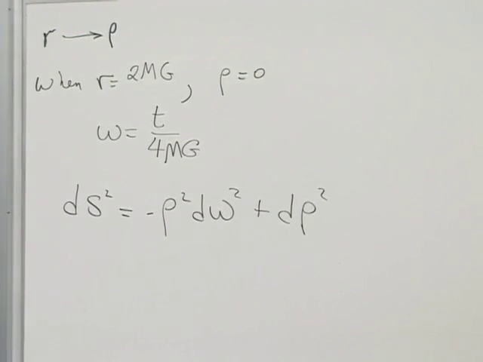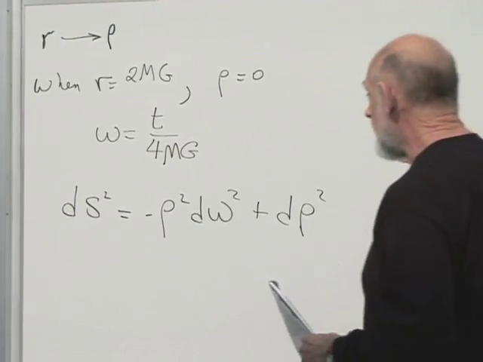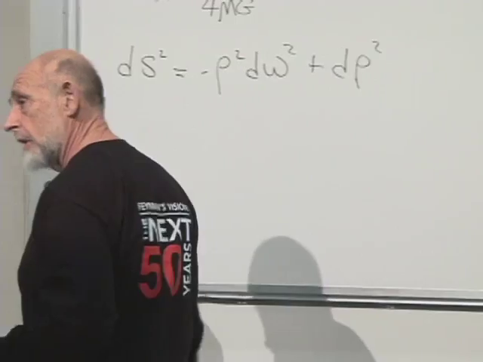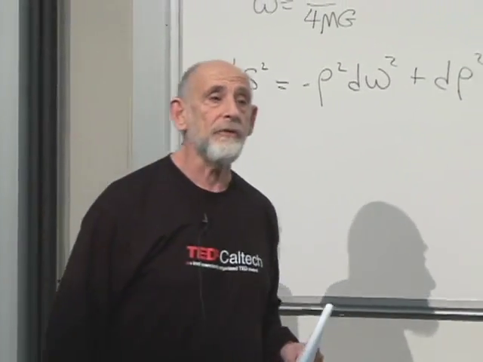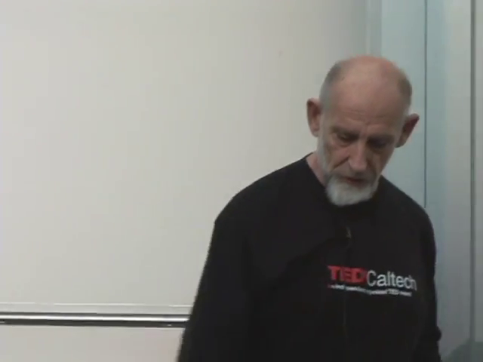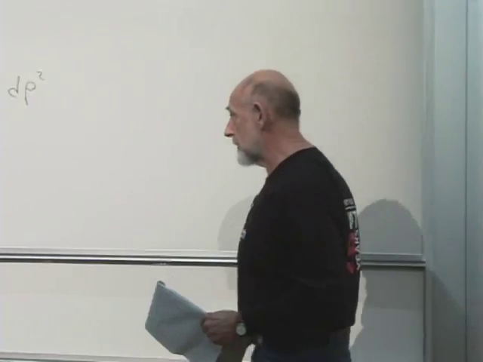And then I pointed out to you that this metric is very similar to the metric of ordinary flat space, the surface of this table here, in polar coordinates.